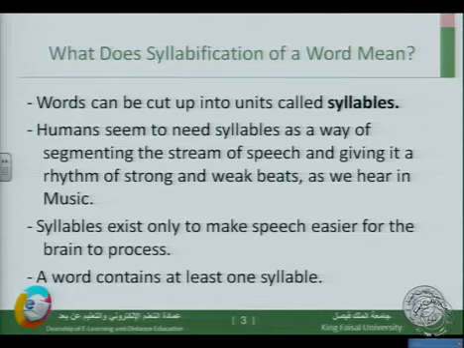In English, a word contains at least one syllable. Any word in English should contain at least one syllable. مقطع صوتي واحد. At least, على الأقل.